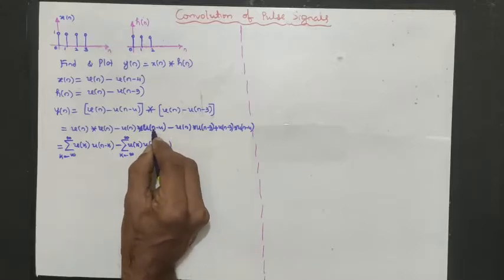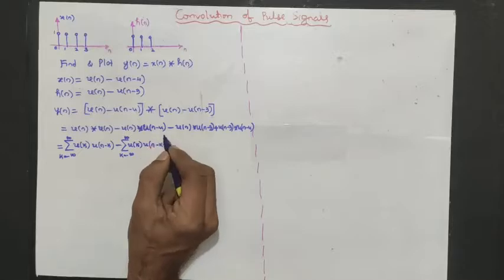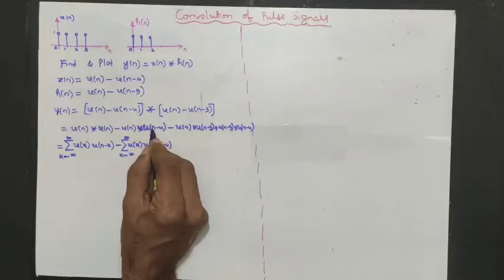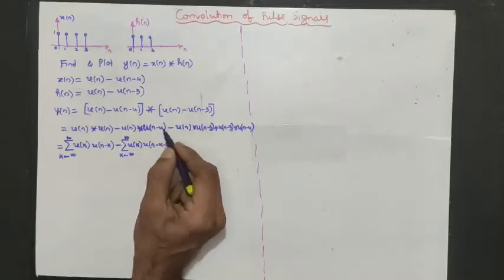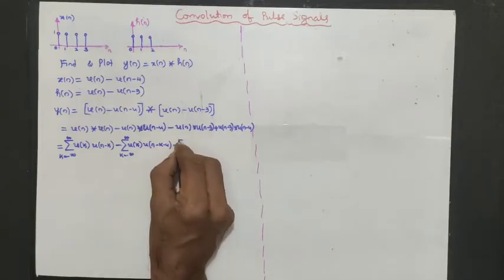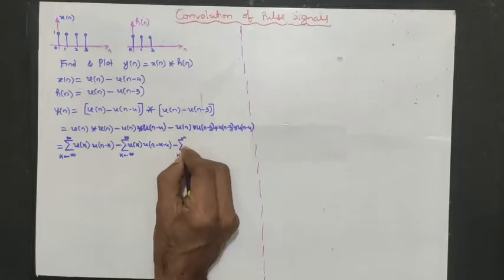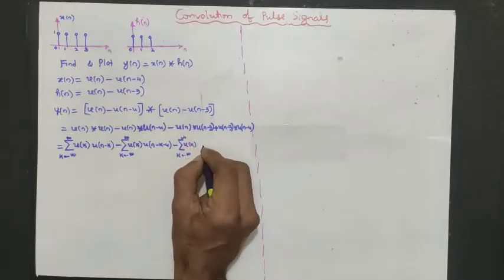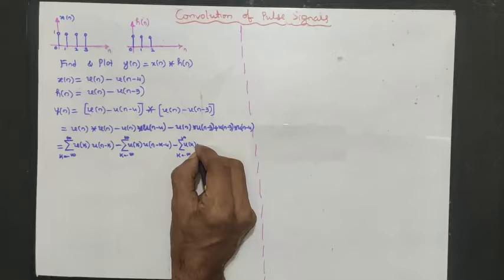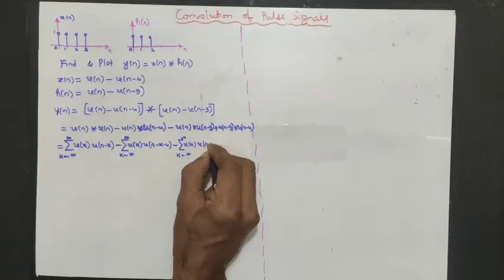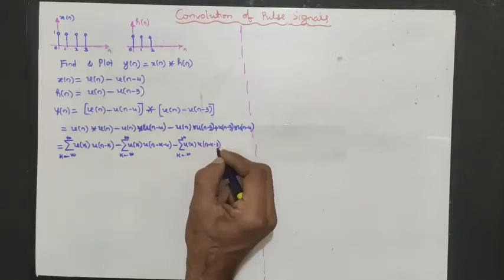See that instead of n I am substituting n-k, hence it becomes u(n-k-4). Minus the summation from k equal to minus infinity to infinity of u(k), and for the second signal n-3 is there, so I am just using u(n-k-3).